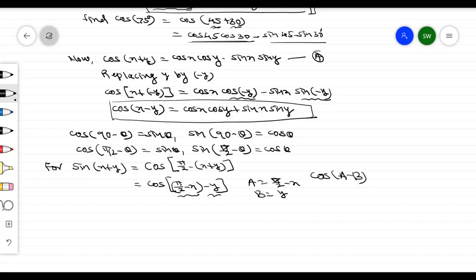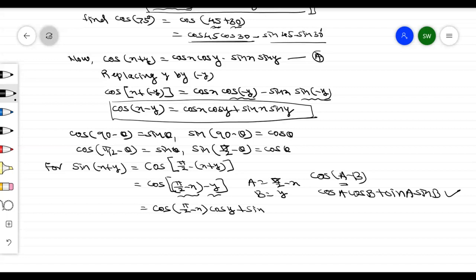Now cos of a minus b is cos a into cos b plus sin a into sin b. So use this formula. Instead of a is pi by 2 minus x and instead of b is y. So cos a means cos of pi by 2 minus x into cos y, plus sin of pi by 2 minus x into sin y.